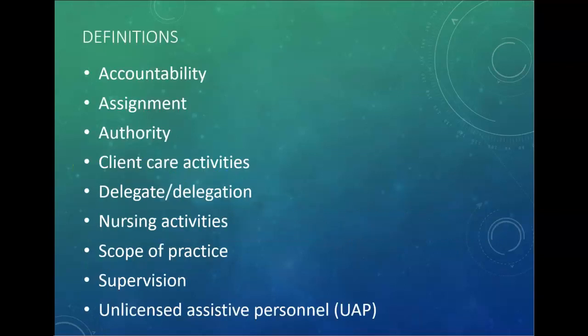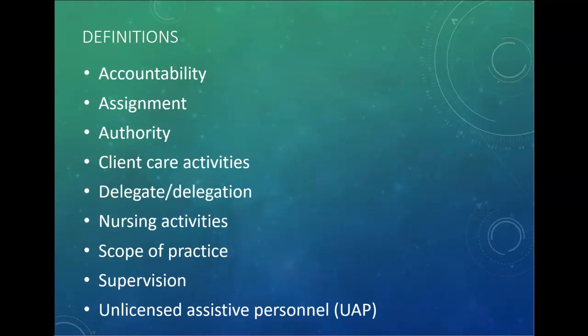Your textbook has a lot of definitions: accountability, assignment, authority, client care activities, the term to delegate or delegation, what tasks are considered nursing activities, what the scope of practice is, and what a CNA 1 versus a CNA 2 is in terms of unlicensed assistive personnel.